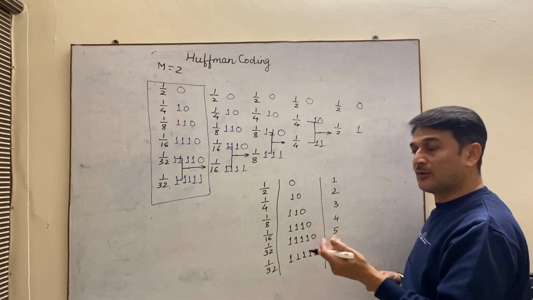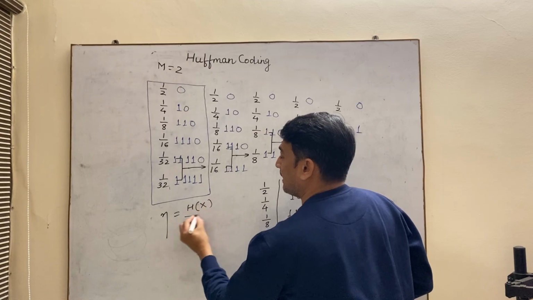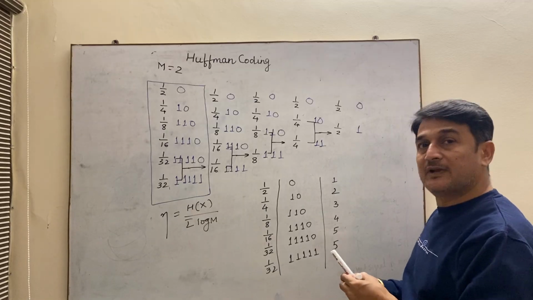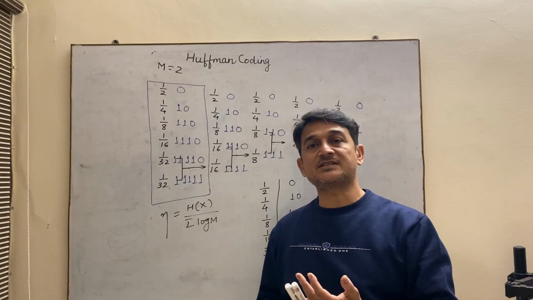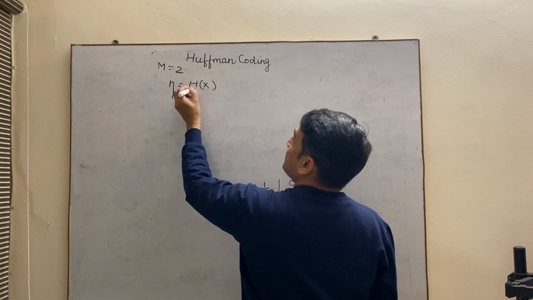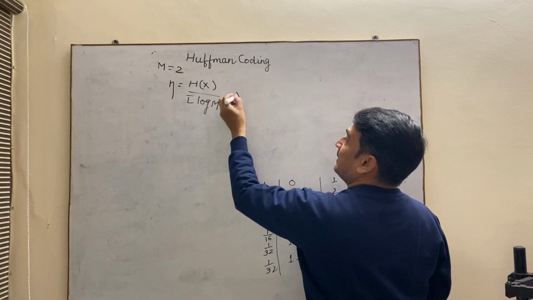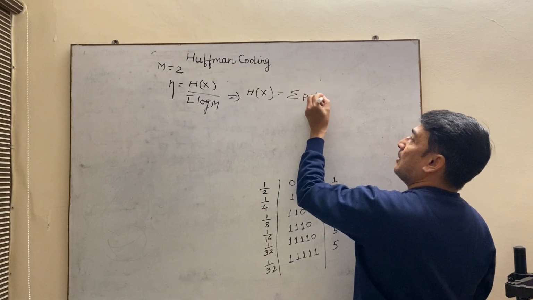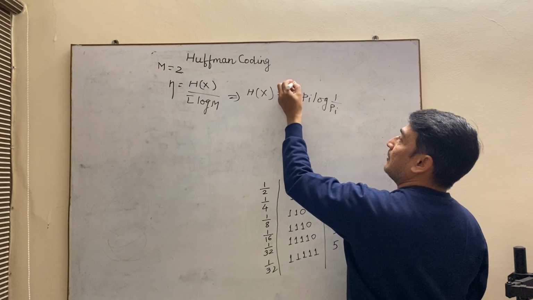Now finally we will calculate the coding efficiency eta, which is Hx upon L bar log m. Okay, so first we will calculate Hx with the help of the formula of Hx which we have discussed in the previous videos. So eta is equal to Hx upon L bar log m, where Hx is equal to summation pi log 1 by pi, i equal to 1 to n.